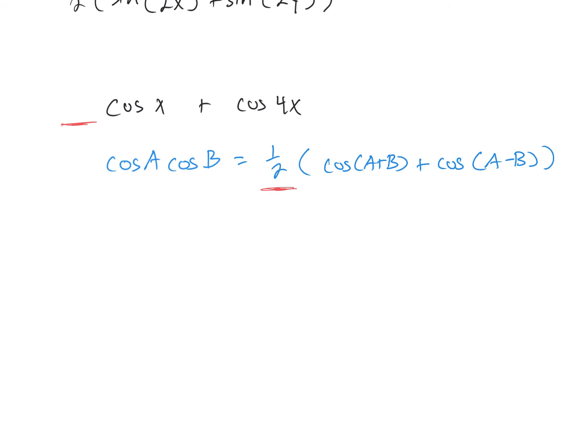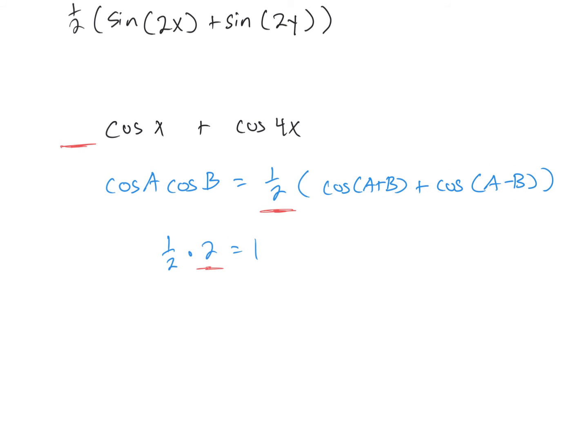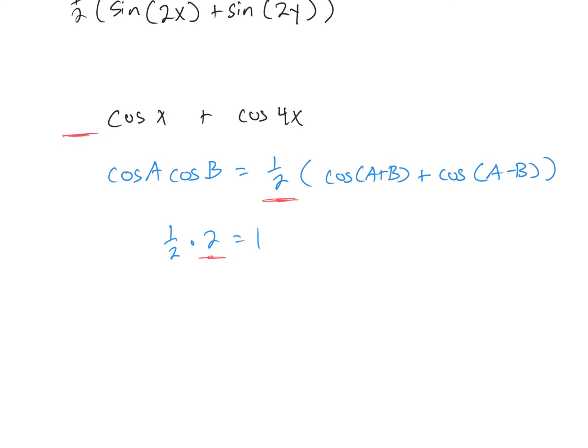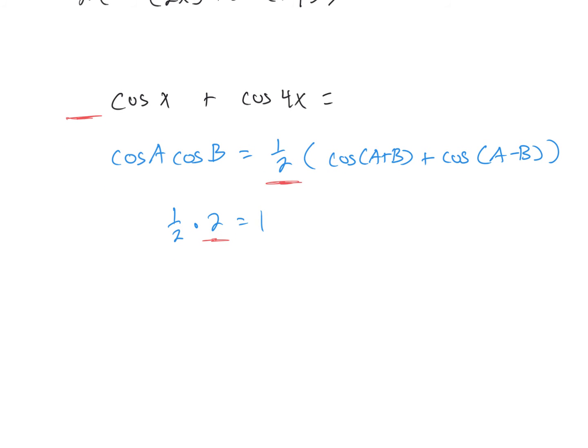So then I have to think about it logically. What number times 1/2 makes 1? Well, there has to be a 2. So 1/2 times 2 equals 1. So we're missing a 2. I need a 2 in front.